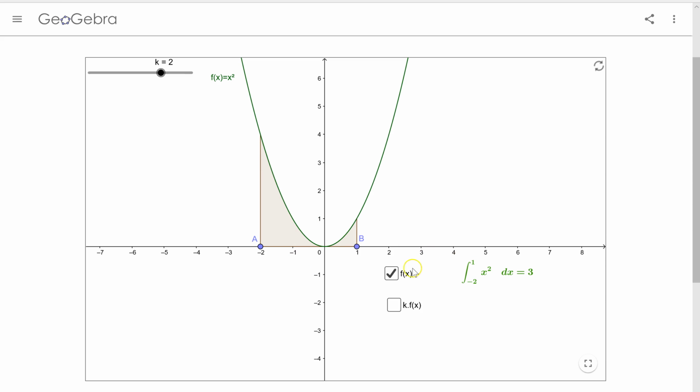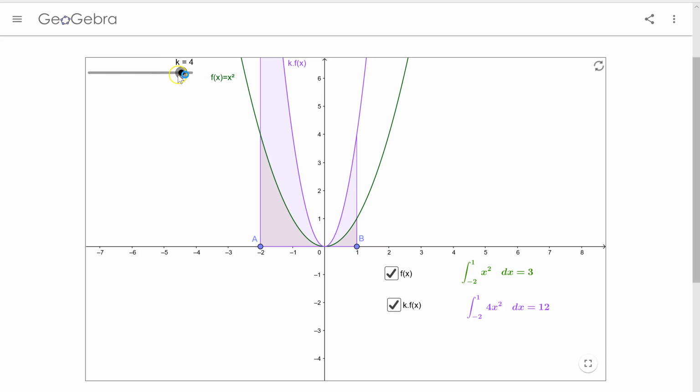So if we look at our integral here, f of x, where that's x squared, and I multiply that by a constant, in this case the value of 2 up here, then the area under the curve 2x squared is 6, which is of course twice the area under the curve x squared. And that holds for other values of k as well, clearly.